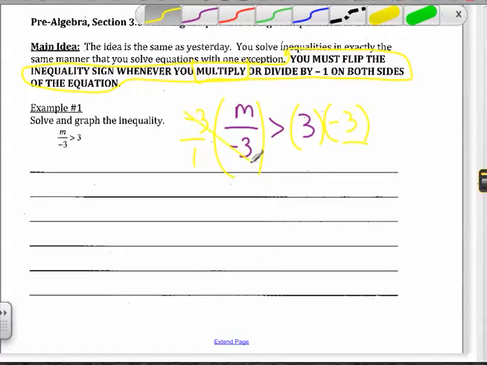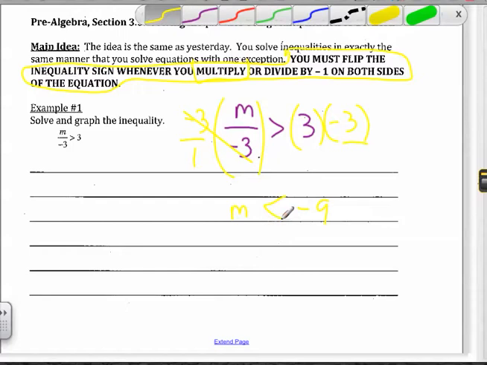The negative 3's cancel, and it leaves me with m. Beautiful. What do I get on the right side, Zachary Kim? I have negative 9. But what happens in the middle, Armand? It was pointing to the right. Now it's pointing to the left. I have to flip it. M has to be less than negative 9.